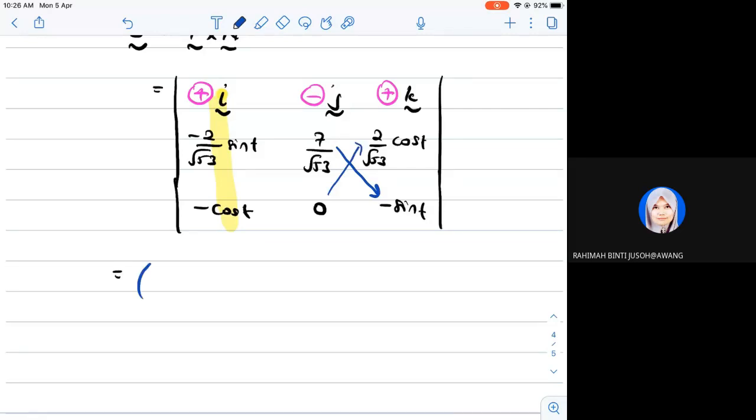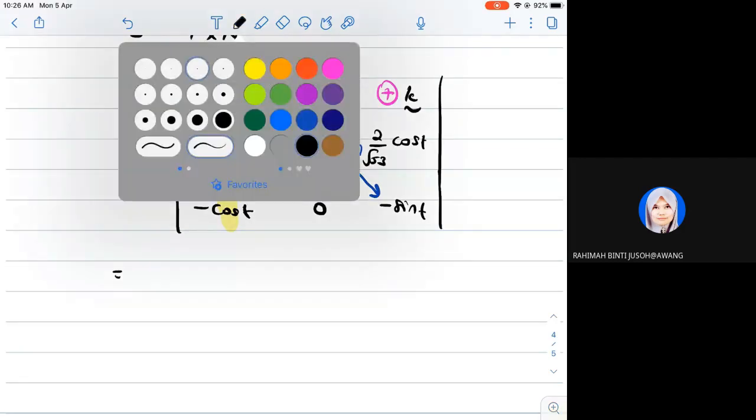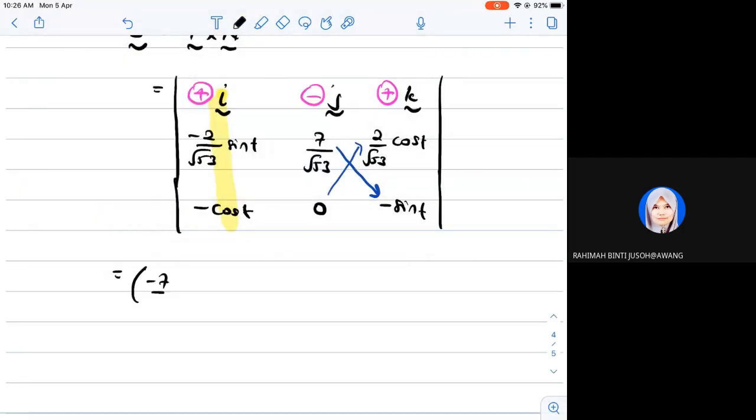Okay, so we will have negative sin t minus 0, isn't it? Minus, correct me if I'm wrong. And then close the second column. So you are closing the first and third column. So negative times negative becomes positive.